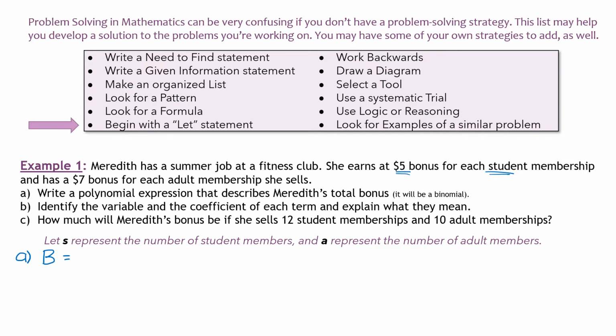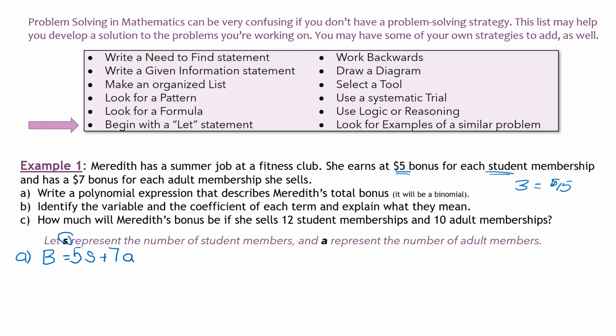So if she sold 3 student memberships, she would get $15. So what's the relationship there? I'm using S for student, so however many student memberships she sells, she gets 5 times that in money. And she also gets, for every adult membership she sells, $7.